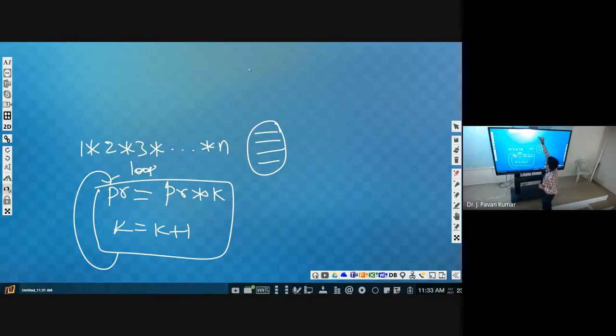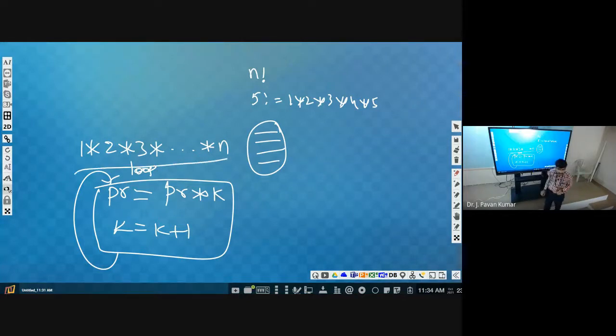Next, I wanted to calculate n factorial. What is the value of 5 factorial? How will we calculate it? This is what we did here, isn't it? n factorial is nothing but multiplying from 1 to n.